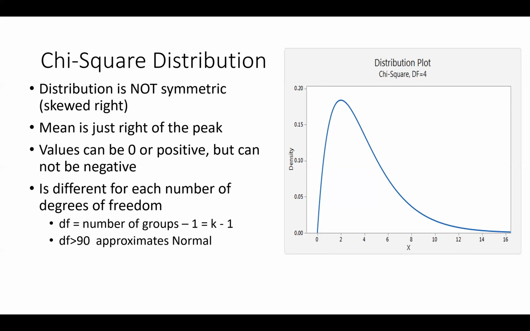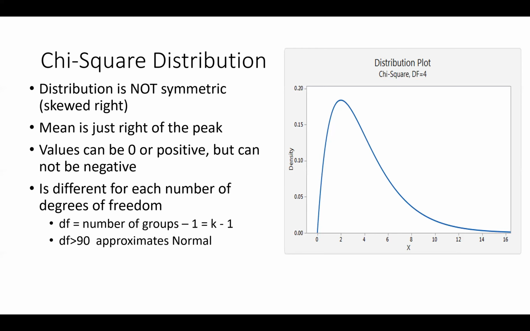The mean is going to be just to the right of your peak. And because it is right skewed as opposed to symmetric, the values for the chi-square, or in this case the H, will always be equal to 0 or be positive. You'll never have a negative H-test statistic.